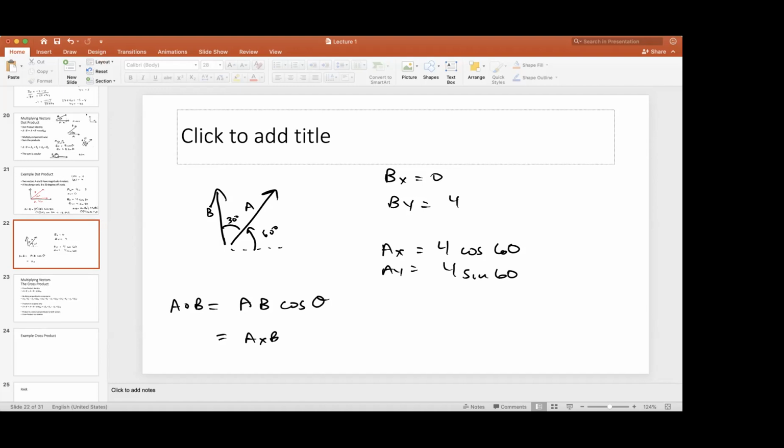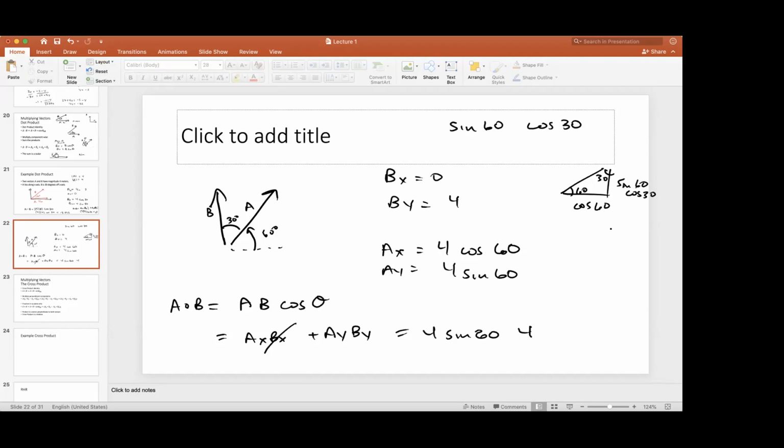AX times BX plus AY times BY, I know that BX is 0. So I get AY is 4 sine of 60 times 4. But sine of 60 is equivalent to cos of 30. If you look at the right triangle that we drew, if this is 60, cos of 60, and this is 30, then this is sine of 30. And if this is sine of 60, then this is also cos of 30.